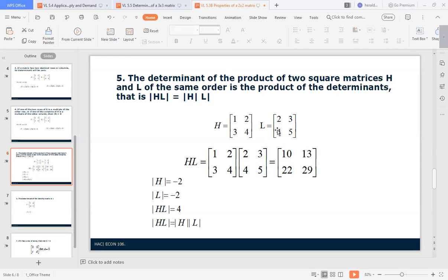If you get the determinant of this matrix as well, you'll get the determinant equal to -2. If you get the determinant of the product HL, it will give you 4, which is the product of these two determinants. Okay, again, very straightforward, easily verifiable.